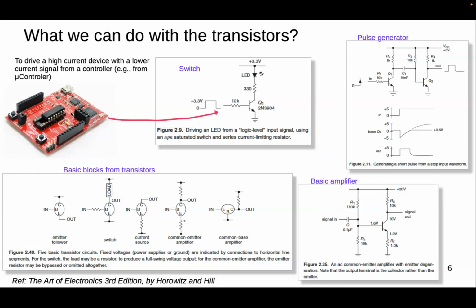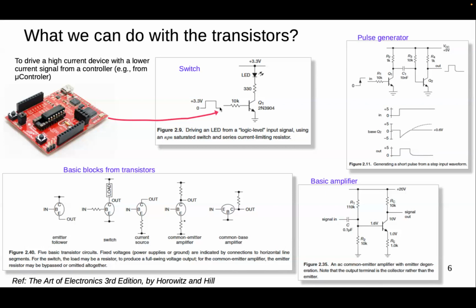Microcontrollers normally give very low current with a logic signal at the output, and it's normally not enough to drive a LED with more power consumption. We cannot connect directly because we can burn the circuit or the microcontroller. So what we do is connect the output of the device to a transistor.